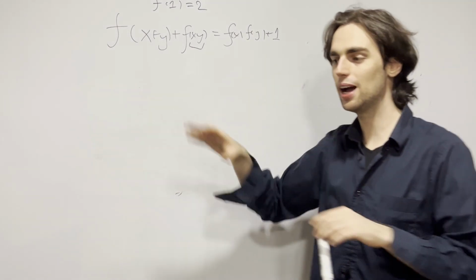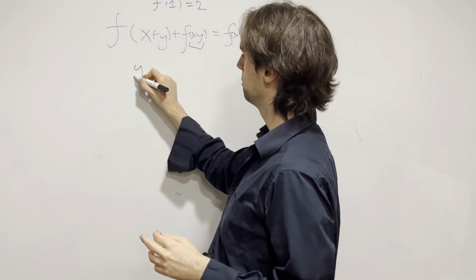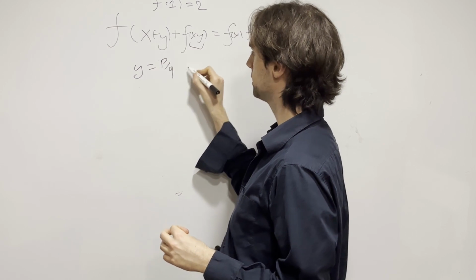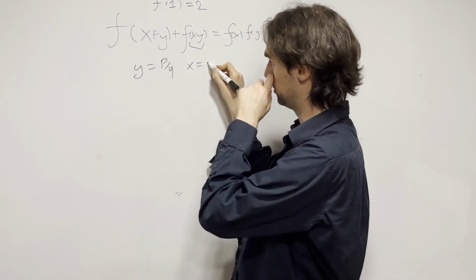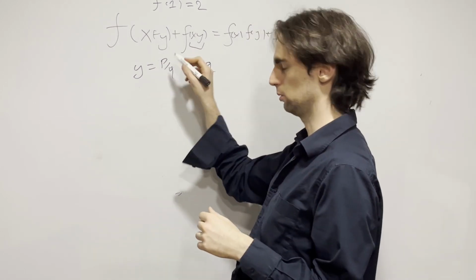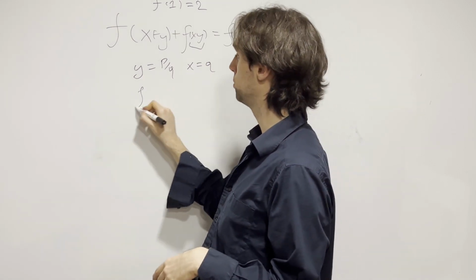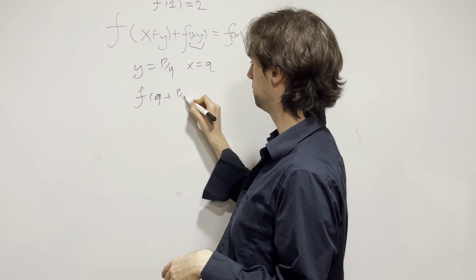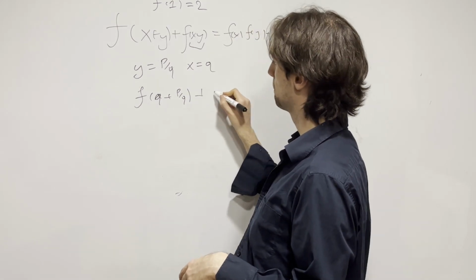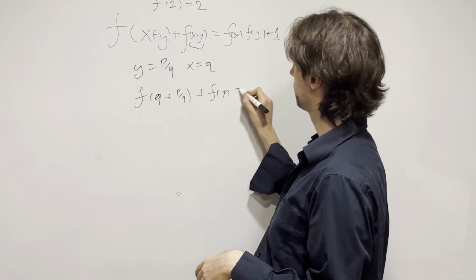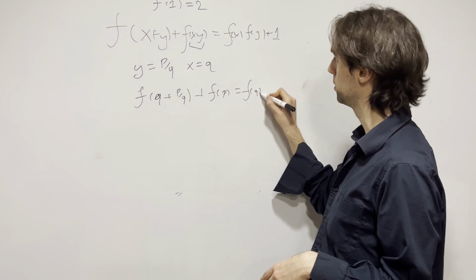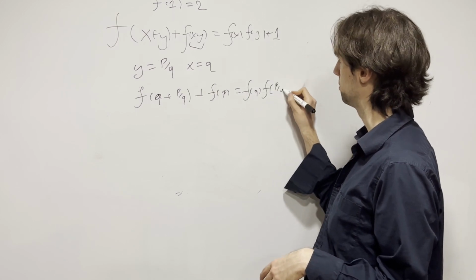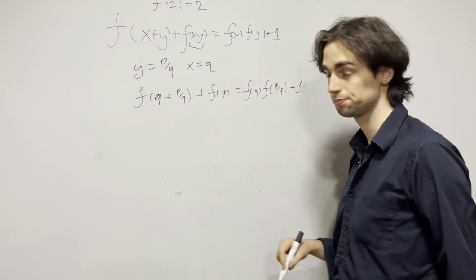So now we go back to the original thing we had by plugging in y is equal to p over q, x is equal to q. We get f of q plus p over q plus f of p is equal to f of q, f of p over q plus 1.